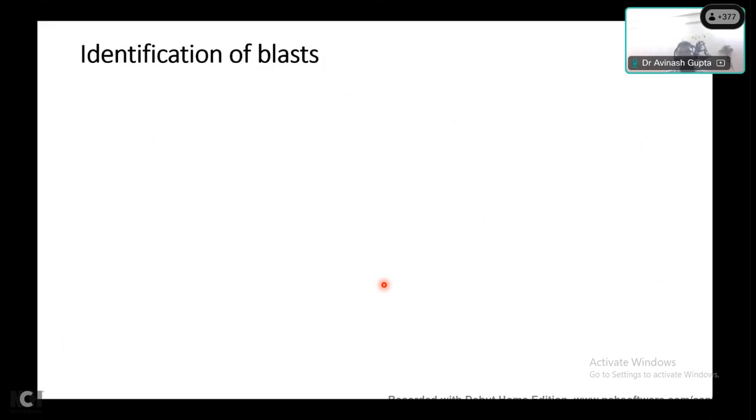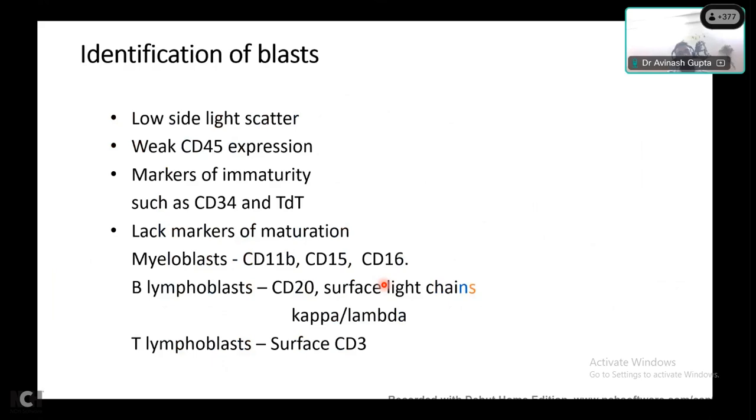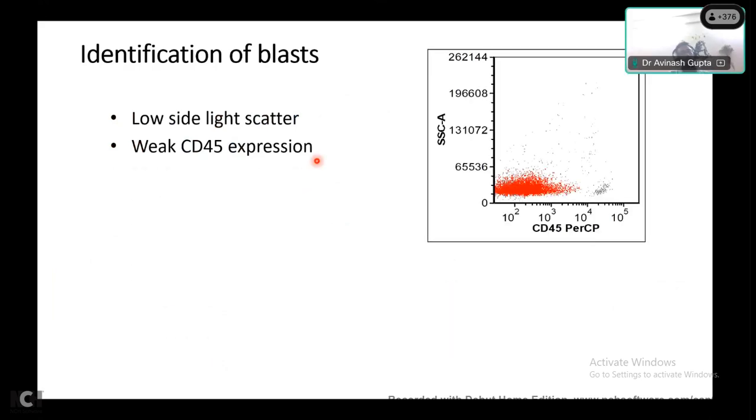Now coming to how you are going to identify the blast. This is a very old slide from my mentors. Identification of blast, what does it need? I showed you CD45 versus side scatter plot. The CD45 dim zone is considered your immature or precursor population zone.